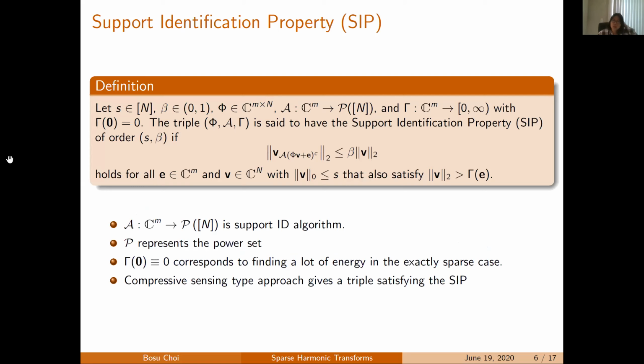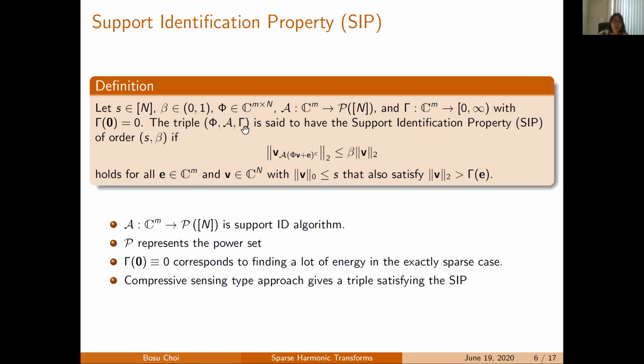If we look at the definition, here S is the sparsity in bracket n, and beta is between 0 and 1. Phi is the sampling matrix, and A is the support identification algorithm. Here P is the power set, so it is the power set of bracket n. And gamma is a function whose function value is between 0 and infinity, and it is 0 at 0.